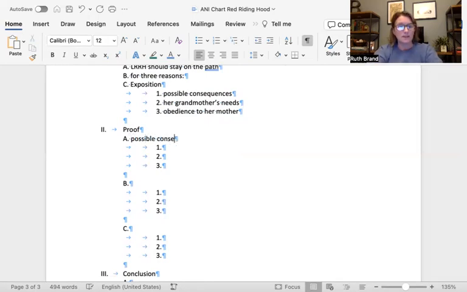Possible consequences. And what I might do is I'm just going to write in my proofs, and then I'll do my subproofs afterwards. You can do it either way. You can fill in the whole A 1, 2, 3 first, but I'm going to fill in my proofs. Her grandmother's needs, and C would be obedience to her mother.